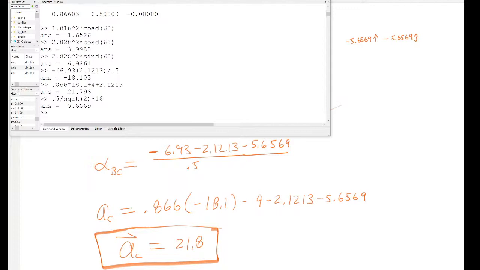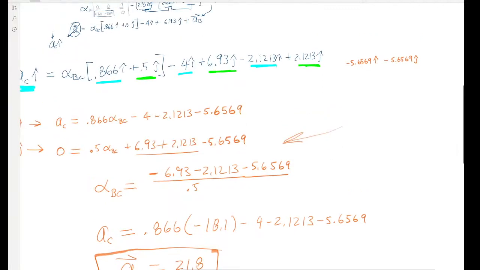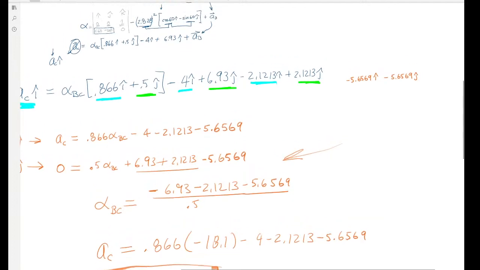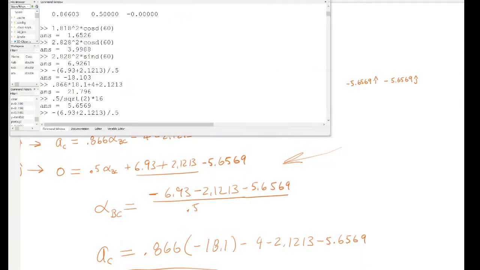So let's see if I can go up. Well, first of all, even that, I mistyped. Let's see if I can get that. Hang on.